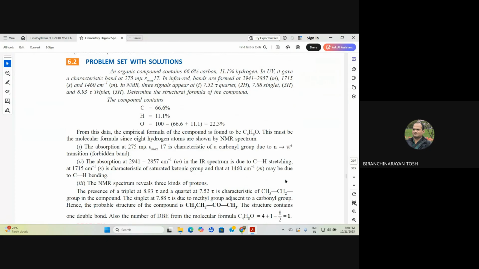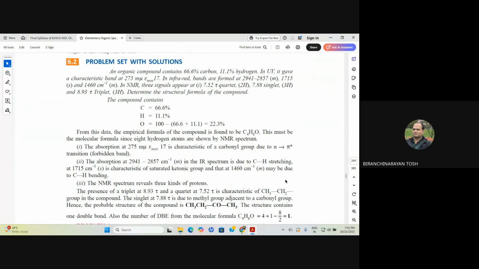So 275 represents the carbonyl group, which is due to n-pi star transition, the forbidden band. That means the oxygen atom is present as a carbonyl group, and that is also verified in IR spectra at 1715.